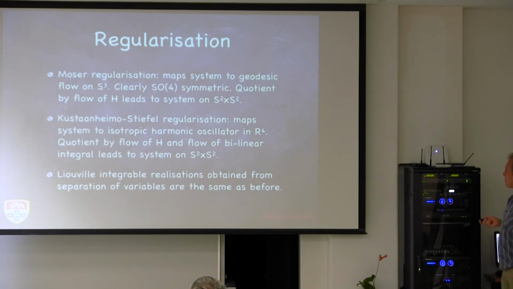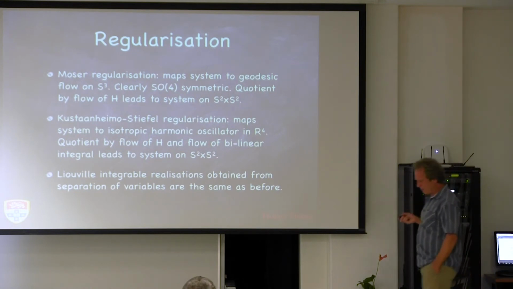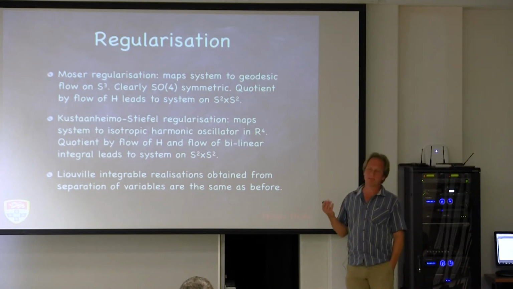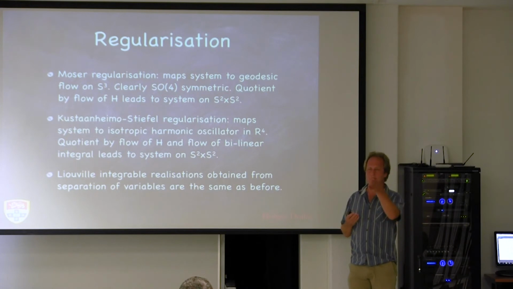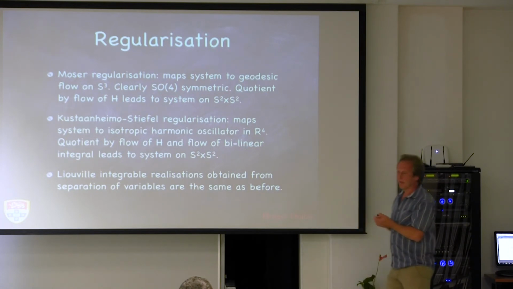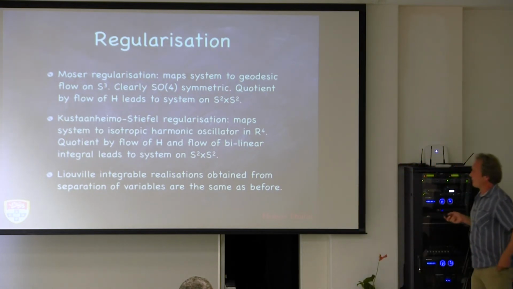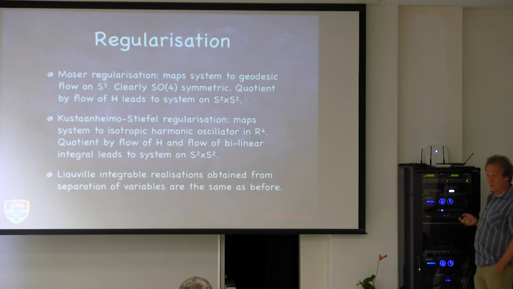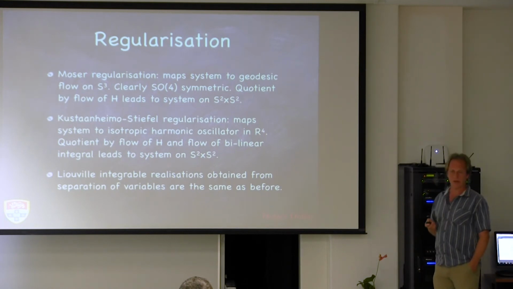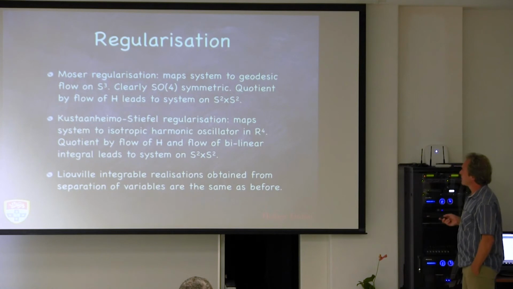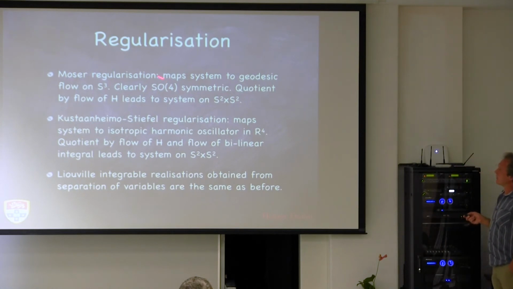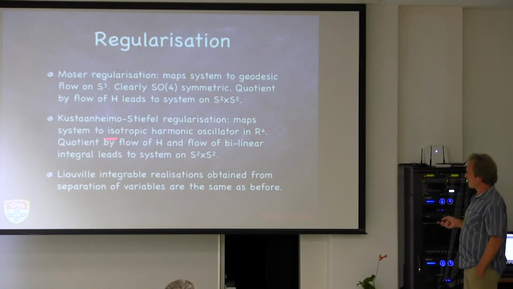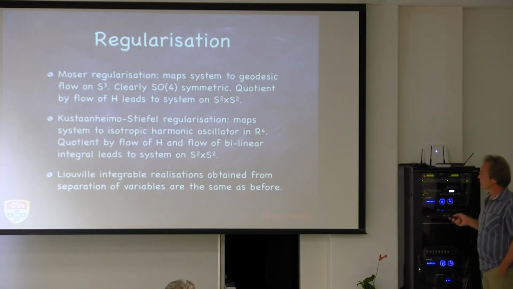Let me make another remark here about regularization. Of course, the Kepler problem is singular, or it has a singular potential. Should we maybe regularize first and then see if anything changes in what I said? There are at least two classical ways to regularize. One is due to Moser, and the other one is the Kustaanheimo-Stiefel regularization.